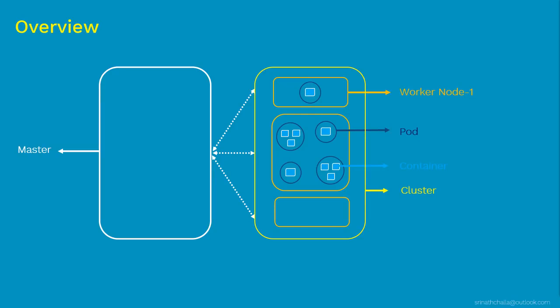This is a very basic architecture of Kubernetes, where you have a master and worker nodes, pods, and containers. One thing to remember to avoid confusion: you have a worker node, inside the worker nodes you have pods, and inside these pods you have containers. If you remember that relationship, it will be easy. And also, a pod can have one or more containers. So that's the basic architecture of Kubernetes.